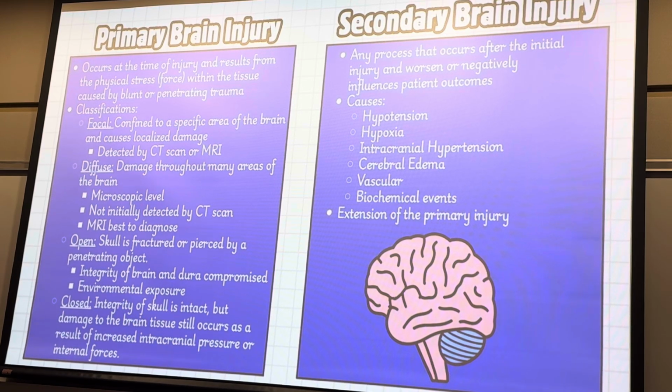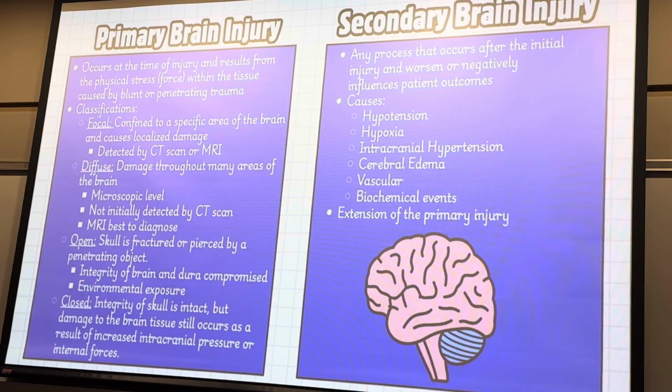With our traumatic brain injuries, we also have primary versus secondary types of brain injuries. With these, it's very similar to our breakdown of spinal cord injuries. Primary injury occurs at the time of the injury. It's the result of that direct impact, that direct force that has occurred to the skull, to the head.